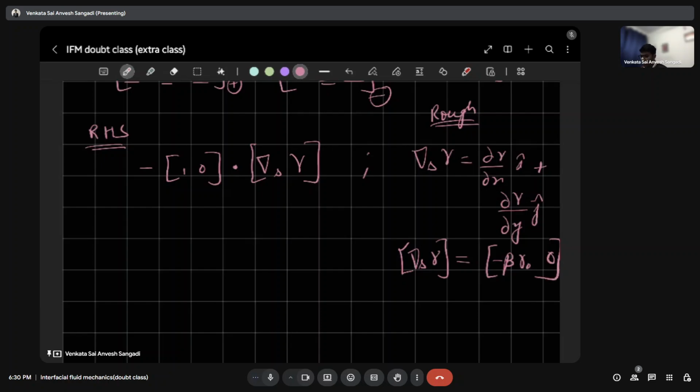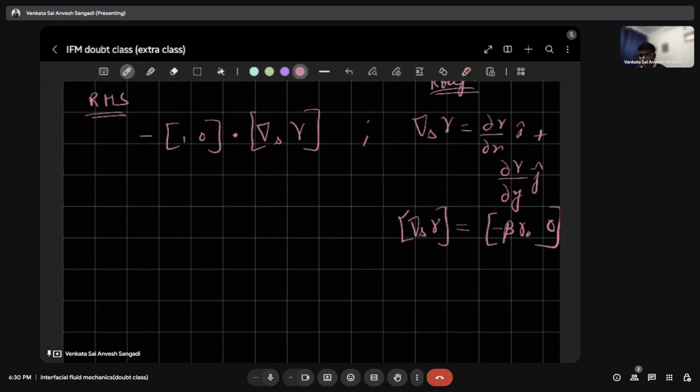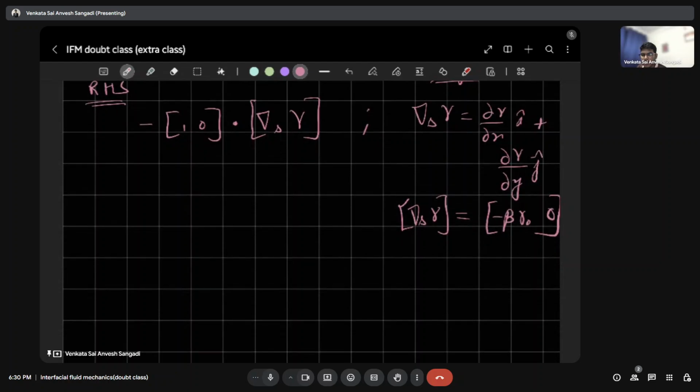We just saw that because temperature is linear, del gamma by del x will have a value of minus beta by gamma naught, and del gamma by del y will be 0. Taking the dot product will give us minus 1 into minus beta gamma naught, which is equal to beta gamma naught.